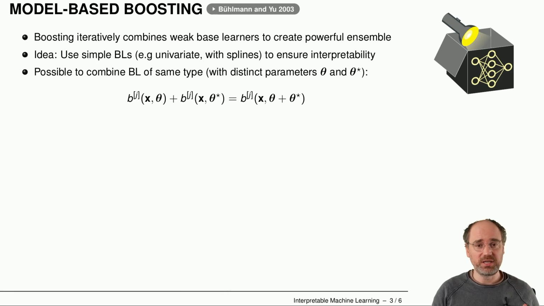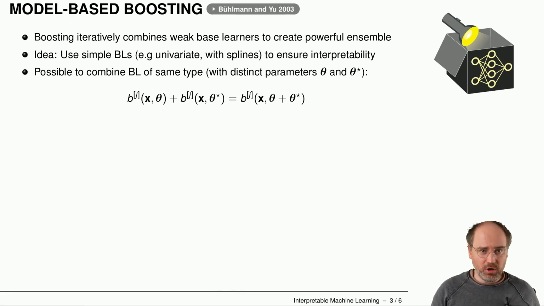If we used only stumps in tree-based boosting, we would actually construct a GAM, and that would be interpretable. But often that's not enough, and then people tend to use trees with higher interaction depth, and the model becomes very difficult or even impossible to interpret nicely.